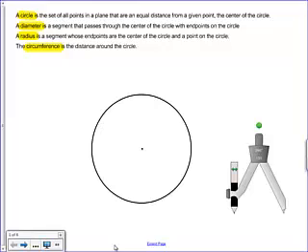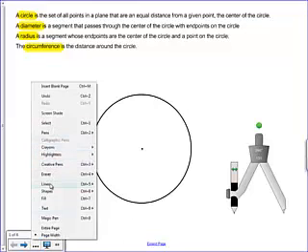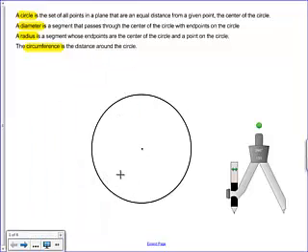It means that all the spots around that center point are exactly equal, no matter where you may go along this plane. Now, a diameter is a segment that passes through the center of the circle and has endpoints on the circle. So what does that mean? Well, here, if we take a line and we draw it from here, make it go directly through the center and then to the other side, that's the diameter.